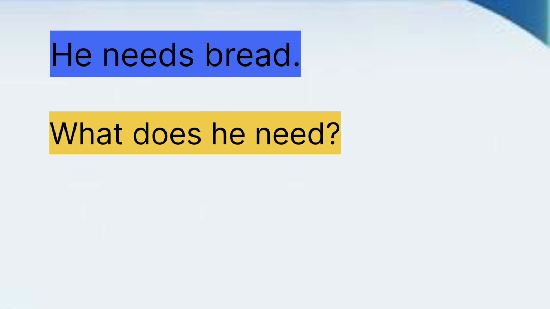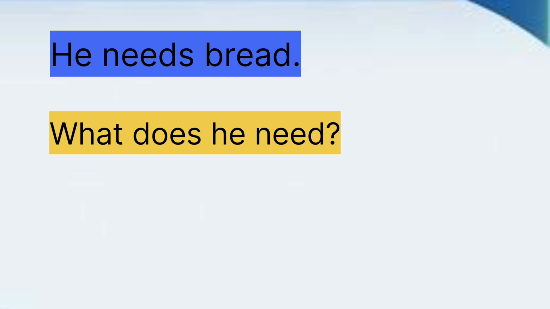Here does is the appropriate auxiliary verb as s is added at the end of the main verb. Let us begin the WH question with the WH word, then auxiliary verb, then subject, then main verb. The answer is: what does he need? In this case we have to remove the s added at the end of the main verb, as does is already the auxiliary verb used in the sentence.